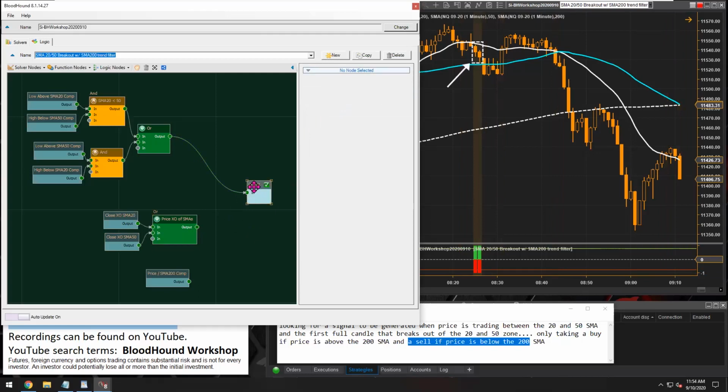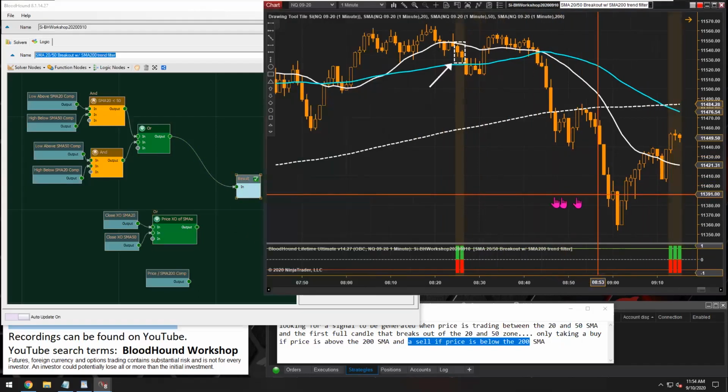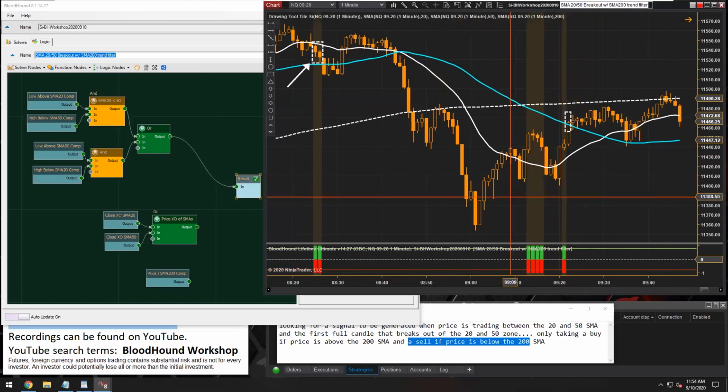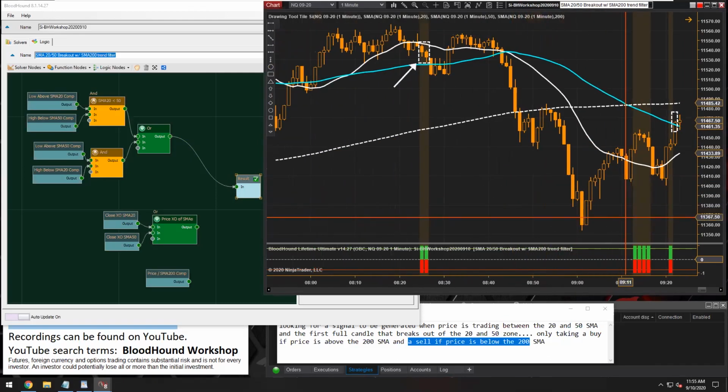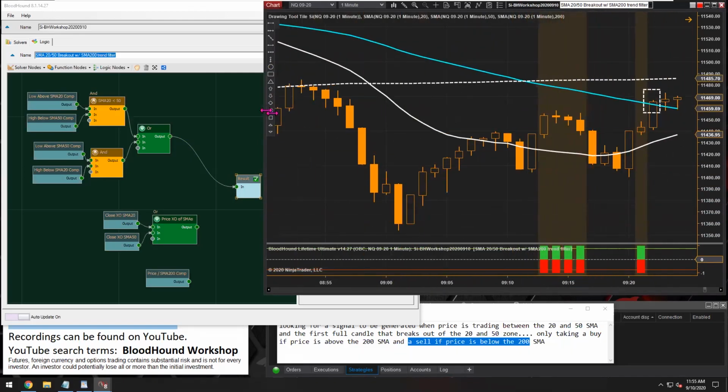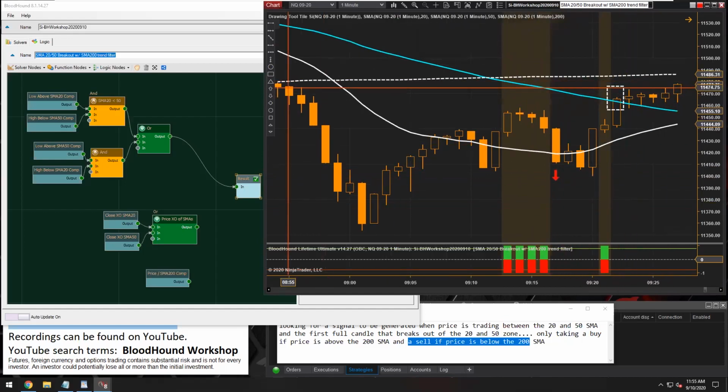All right, so let's take a step back and again look at our signals here when price is in between the two moving averages. So we know that we're expecting a short signal on this bar here. And we're also expecting a short signal on this bar here.